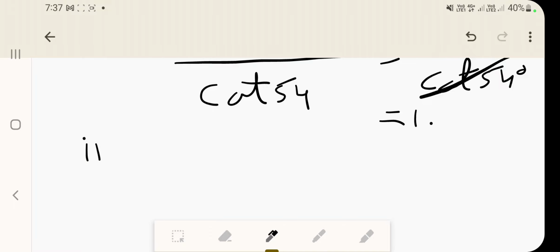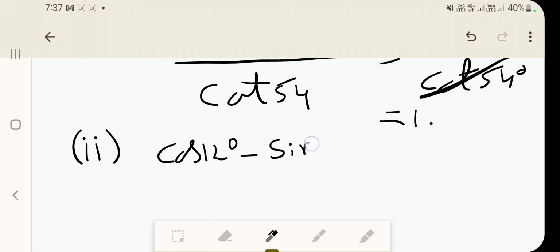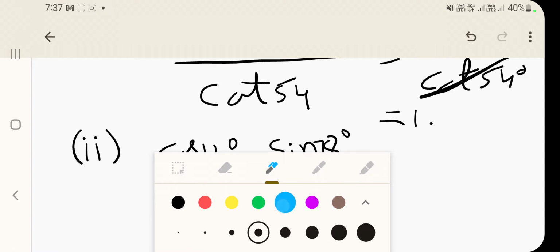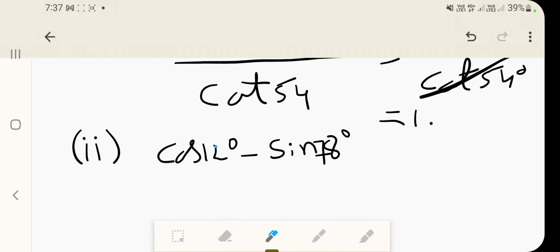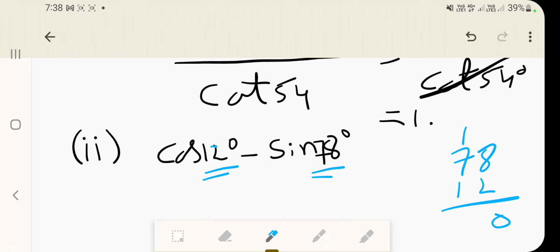Next, another problem: cos 12 degrees minus sine 78 degrees. In this also, if you observe, the sum of 12 and 78 is going to be 90 degrees.